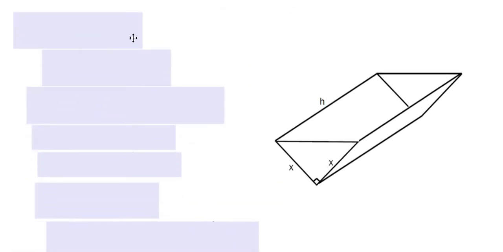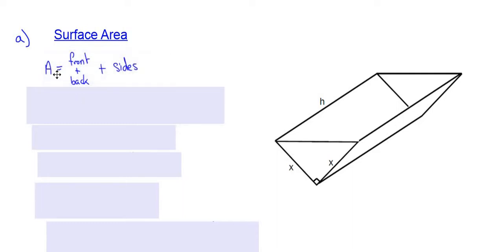Solely dealing with surface area, we know that the surfaces here are a triangle and another triangle, a rectangle and a rectangle. So the area should be the front and back, plus the sides. The front and back being the triangles and the sides being the rectangles. Just remind yourself of the formula for the area of a triangle and a rectangle.